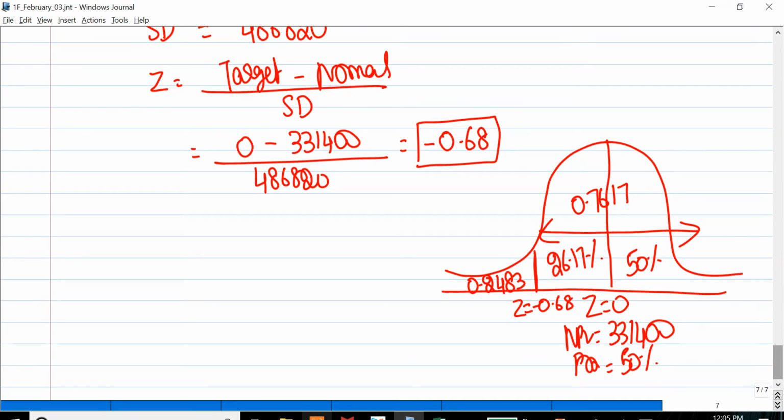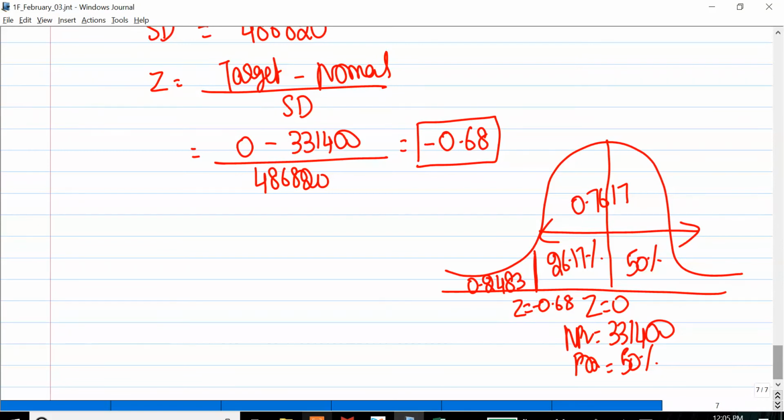Next point. The question is asking for negative NPV, in bracket less than 0.